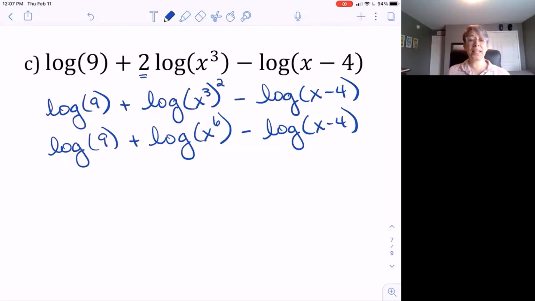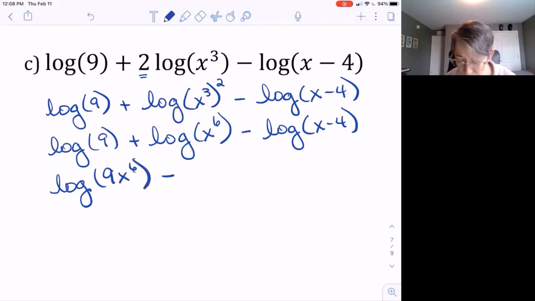Now let's focus on the addition and subtraction left to right so we can combine our logarithms. The first one is addition. Logarithms represent exponents. When do we add exponents? When we multiply like bases. So we're going to take this common log and we're going to multiply the 9 times the x to the 6th. And we still have the minus log of x minus 4 at the end.